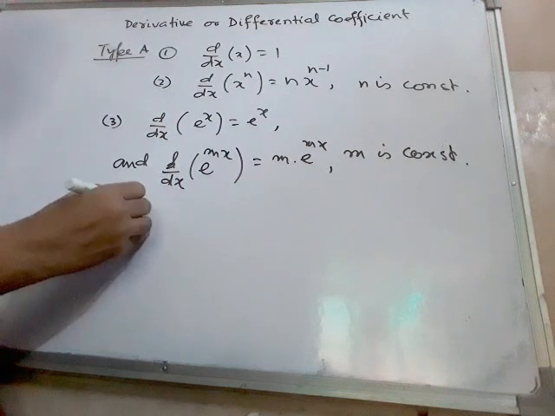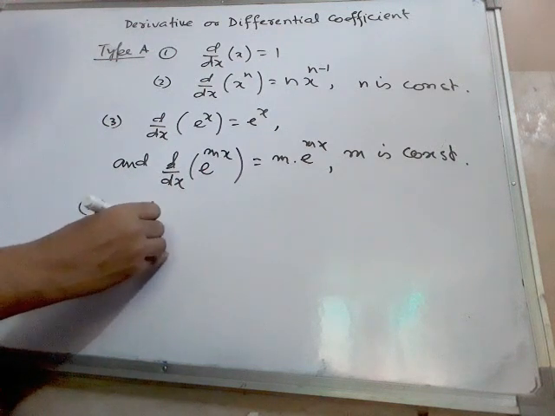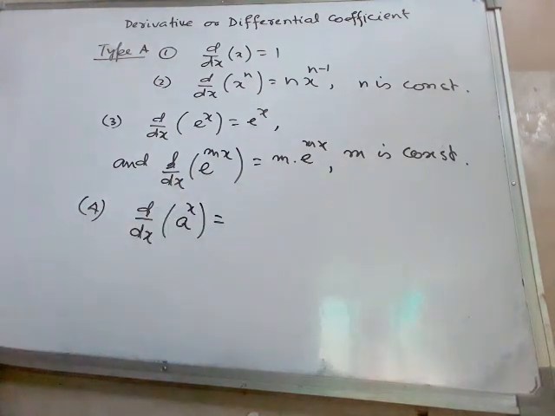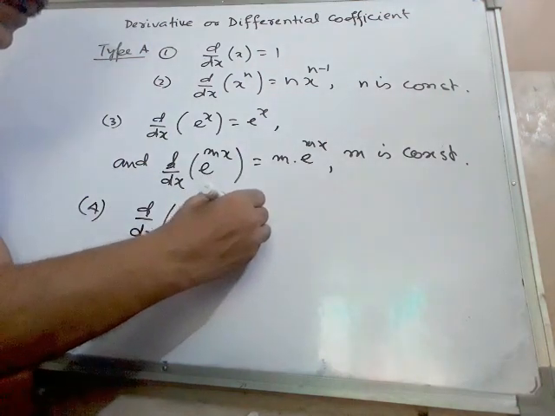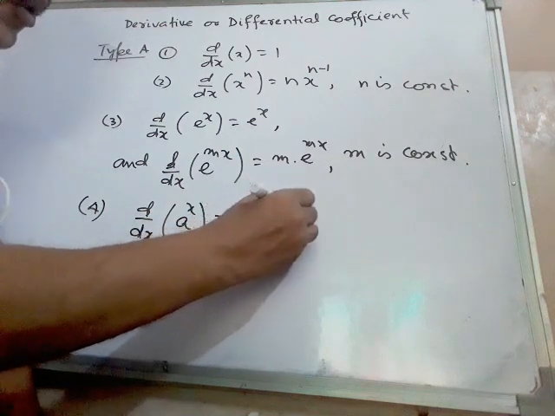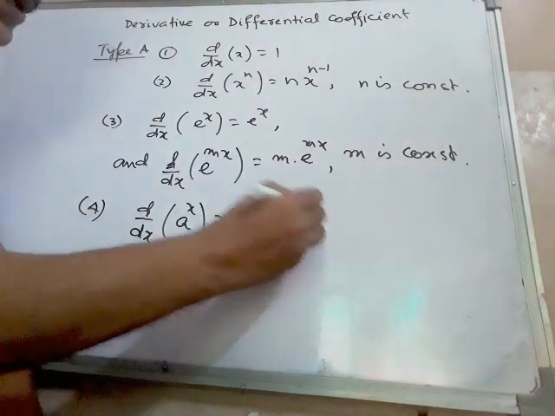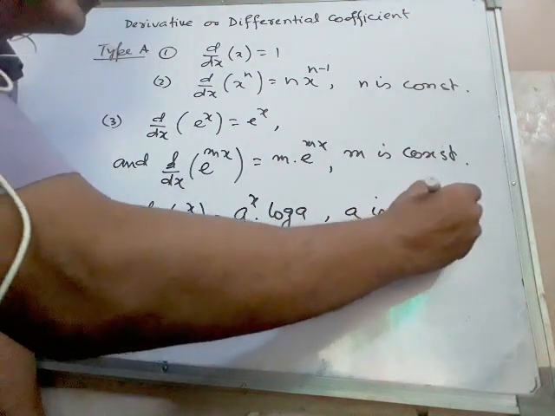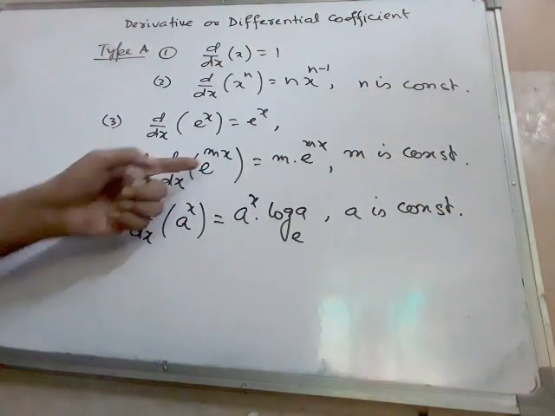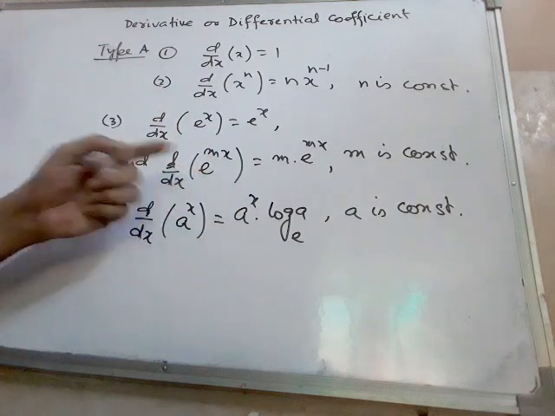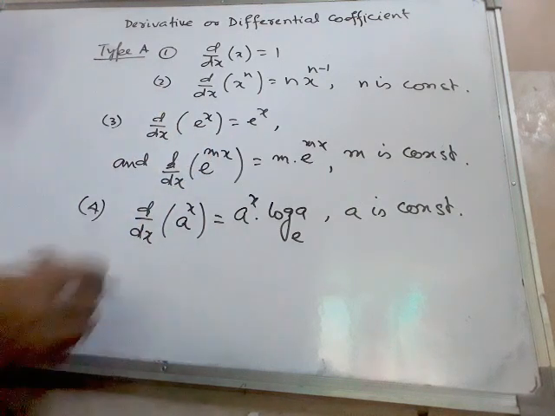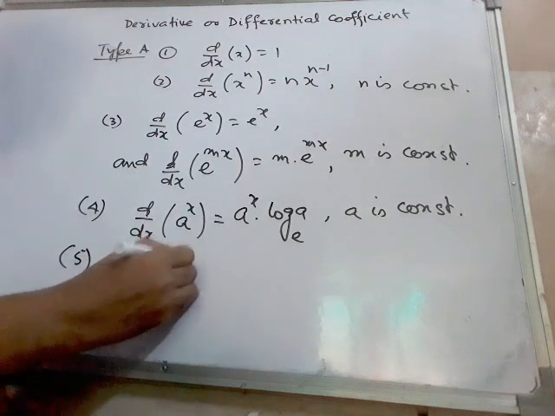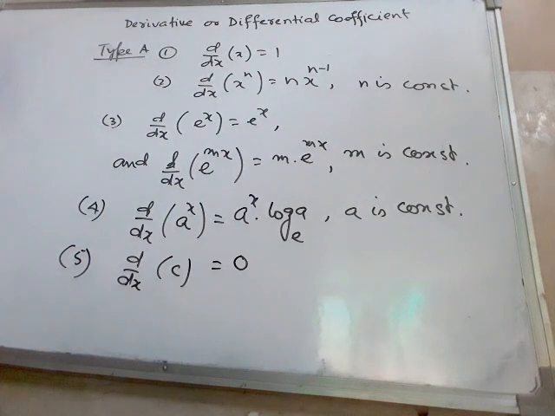Formula number 4: d/dx of a to the power x is a to the power x into log a base e. Here a is a constant. In the previous case m is a constant but base is e. Number 5: d/dx of constant equal to 0.